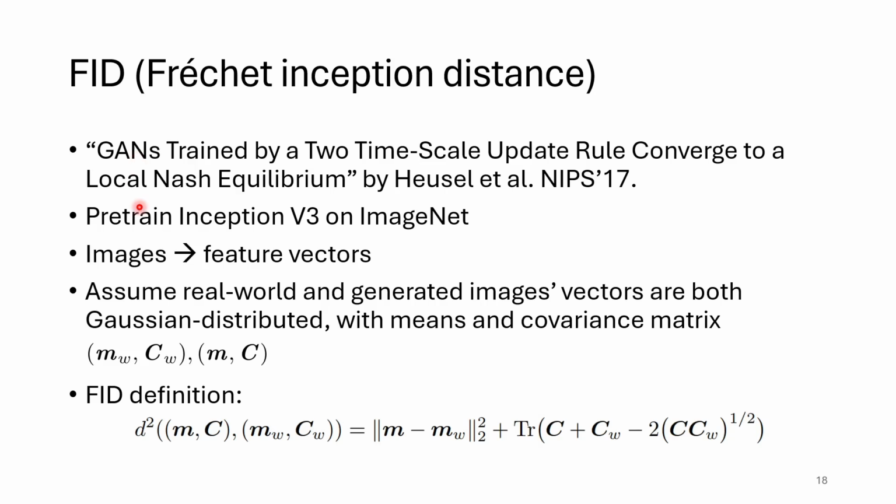First, given the image, we use a pre-trained Inception V3 on ImageNet. What does it mean? Inception V3 is the GoogleNet. It is an image classification network. So, given the image, how do they know which class the image belongs to? From layer to layer, finally they generate the probability of the 1000 classes.